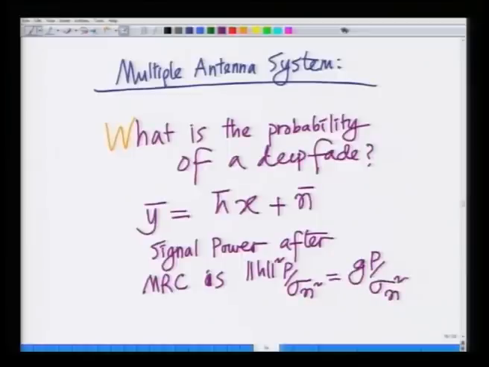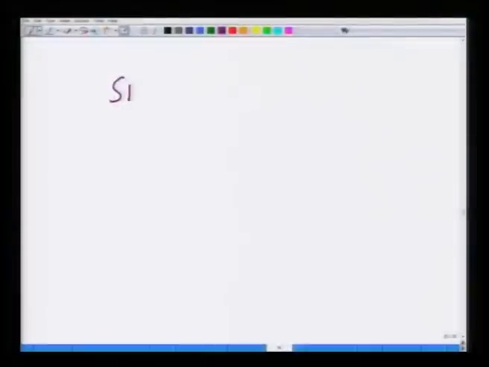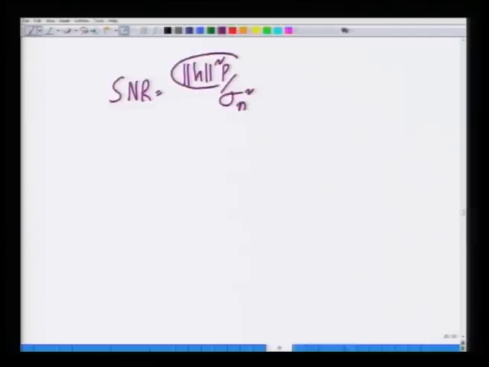We said that in this system with multiple receive antennas, the received signal to noise power ratio at the output of the maximal ratio combiner is nothing but norm h square P over sigma n squared.